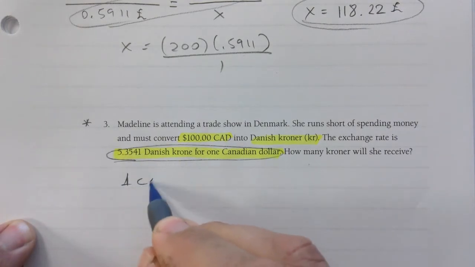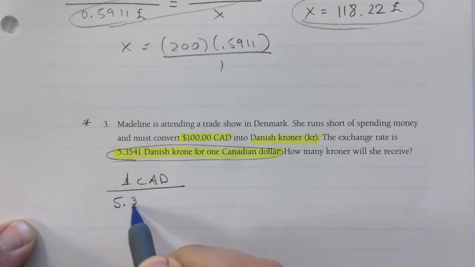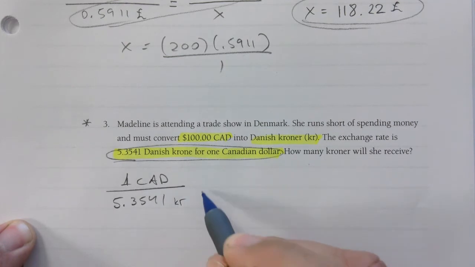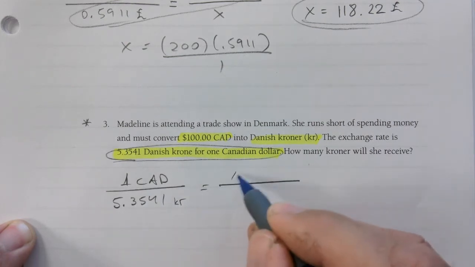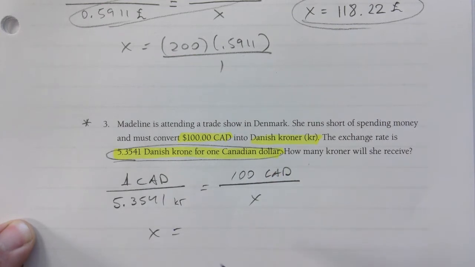It doesn't matter. So this is what I start with. I always like to have Canadian dollar up top, but it doesn't matter. What is it? KR. So the 100 Canadian will go here. This will be my unknown.